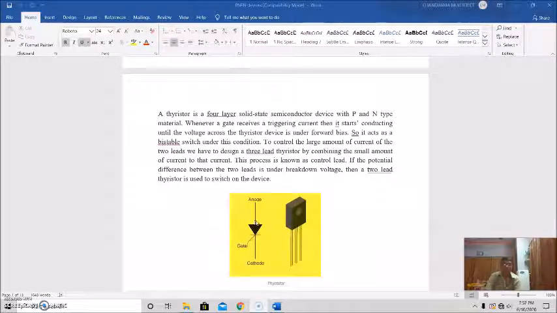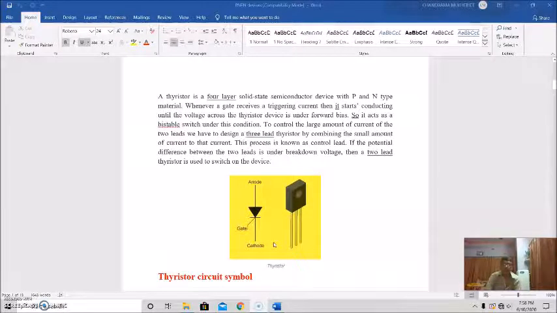To control a large amount of current between the 2 leads, we design a 3-lead thyristor by applying a small amount of current to the third lead. This process is known as control lead.